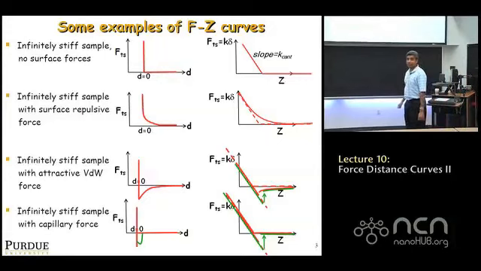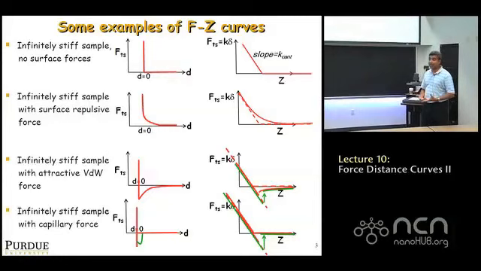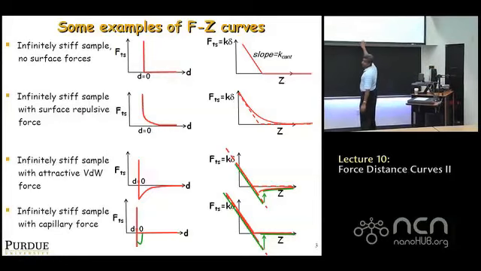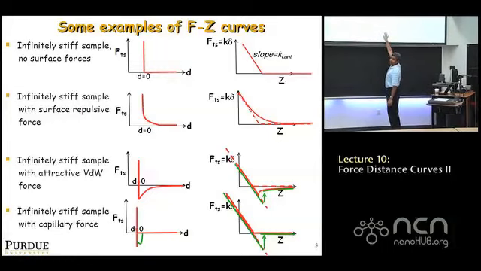So the whole point that I tried to emphasize last time was that just because you get a hysteresis in FZ doesn't tell you if it is due to hysteresis in FD, due to meniscus effects, or if it's simply due to plain good old van der Waals forces, which is not hysteretic. We don't know.